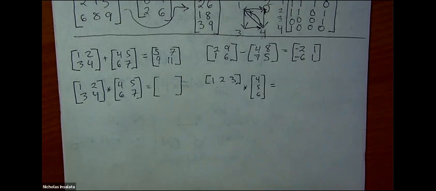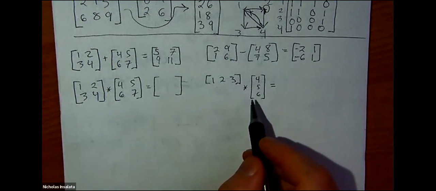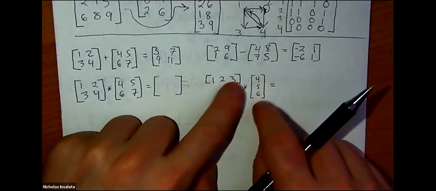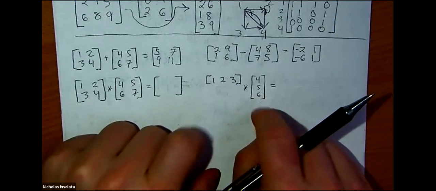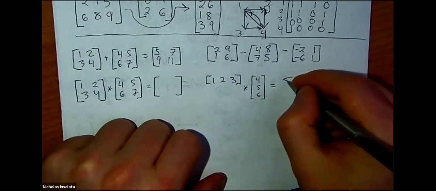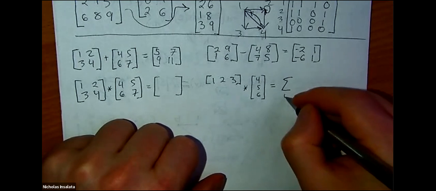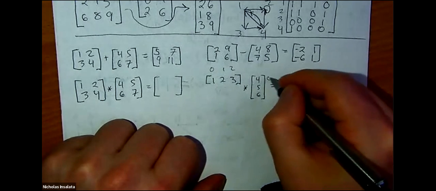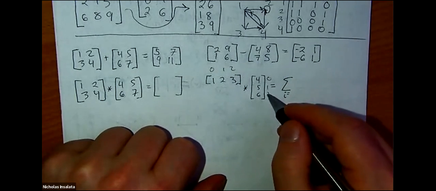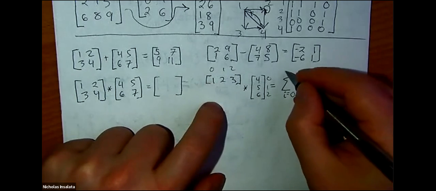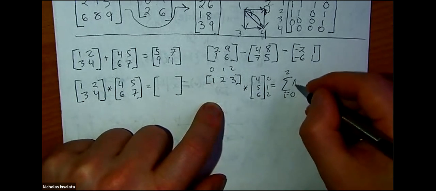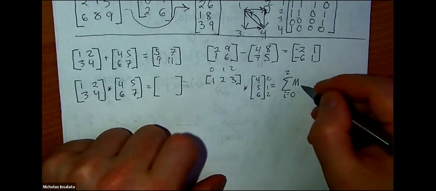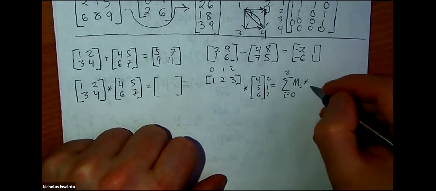Yeah, you just Googled dot product. Okay, nice, good timing. What we're going to do is take the sum of the products of all of the entries. You want to multiply these, just like you were adding the ones before, but we take a sum of the products from i equals 0, 1, 2, those are the index numbers, the position numbers, from 0 up to whatever the size is, of m_i times n_i.